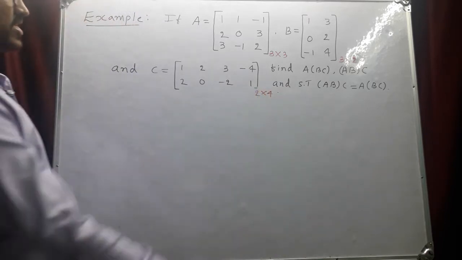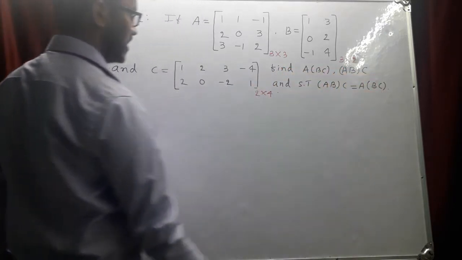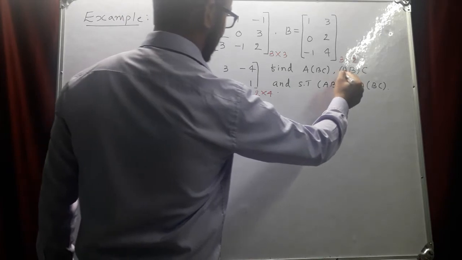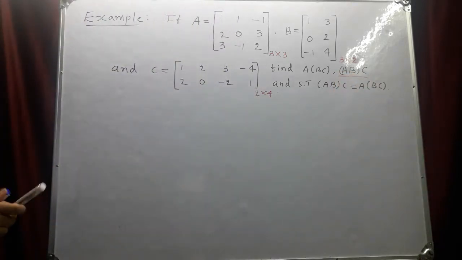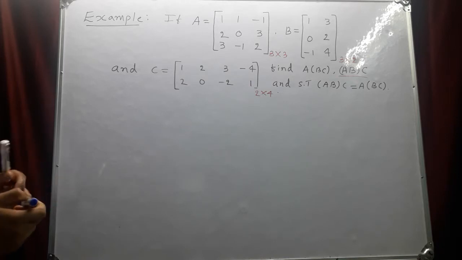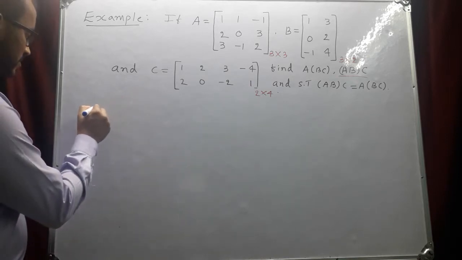Now we have to find these values, A into BC as well as AB into C. So let us find AB into C first. To find AB into C, first we have to find the product AB.